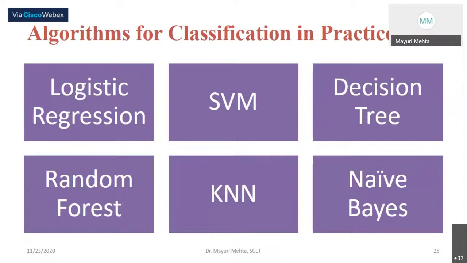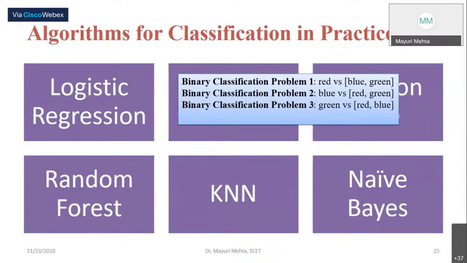For example, suppose we are given a multi-class classification problem with three classes: red, blue, and green. It's a multi-class classification problem because there are three labels. Now this could be divided into three binary classification problems: red versus the rest, blue versus the rest, green versus the rest.